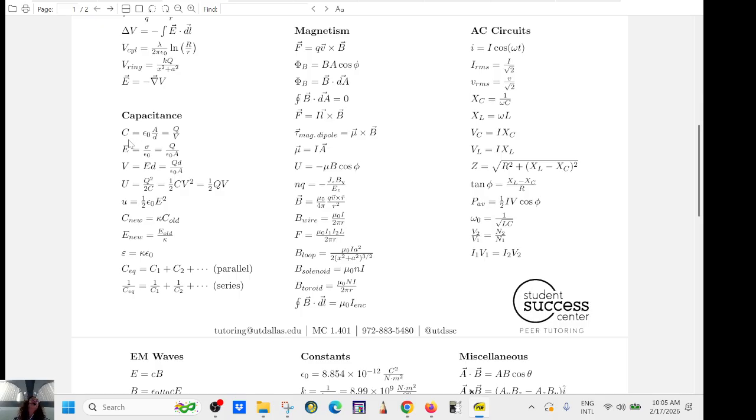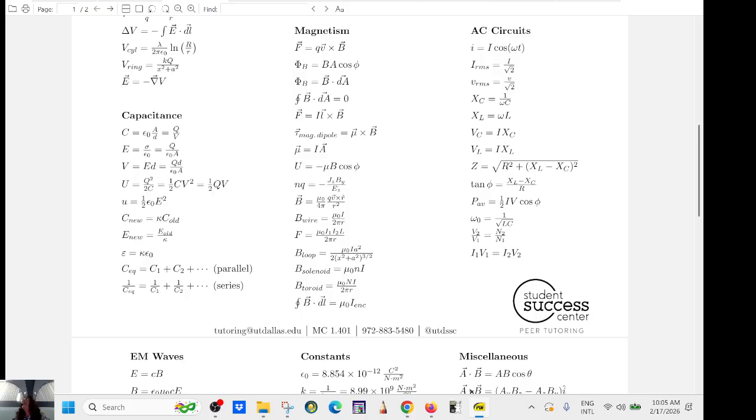So for a parallel plate capacitor, the capacitance is proportional to the area, inversely proportional to the distance between the plates, and you have epsilon 0 here, which is 8.85 times 10 to the negative 12. Again, that's only for a parallel plate capacitor, but sometimes you have a spherical capacitor. In that case, you have to do the calculus, and you use that equation. Capacitance is the amount of charge that you can store per unit voltage.